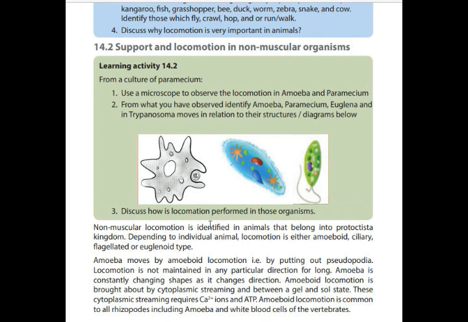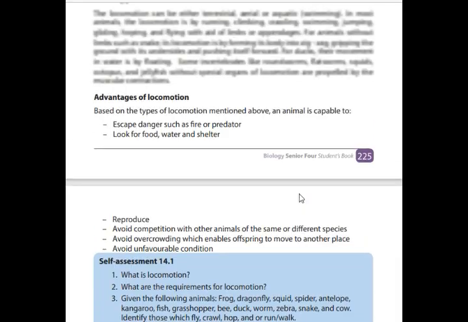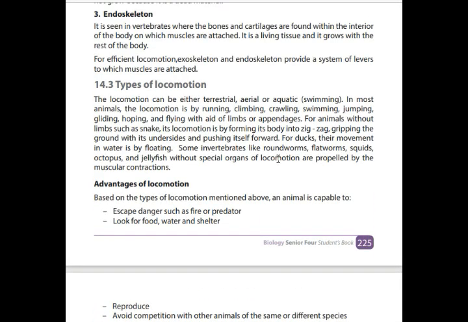We have an example of amoeba, an example of paramecium, and an example of euglena. Those are the non-muscular organisms whose locomotion we are going to look at.